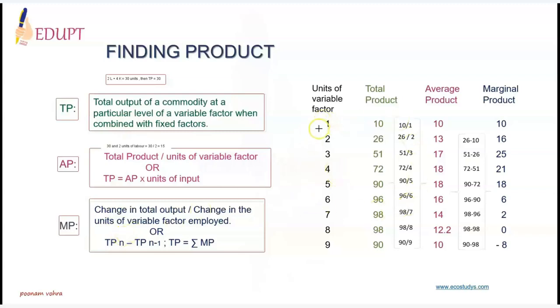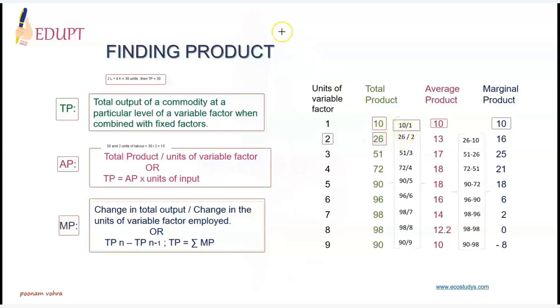When 1 unit of variable factor is employed, total product is 10. Average product would be 10 divided by 1, so 10. Marginal product will also remain the same as it is change, and there is no change when 1 unit of variable factor is employed. Now when 2 units are employed, total product increases from 10 to 26.